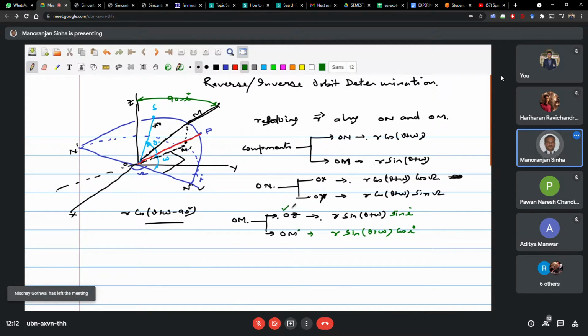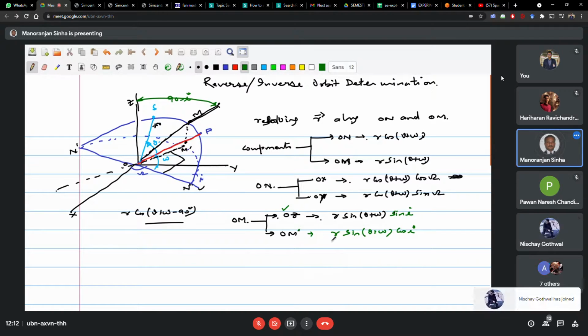So along the z direction we will have only this part, but along the x and y direction the other contributions are there. So still OM prime is not along the OX and OY direction, so we need to break it.